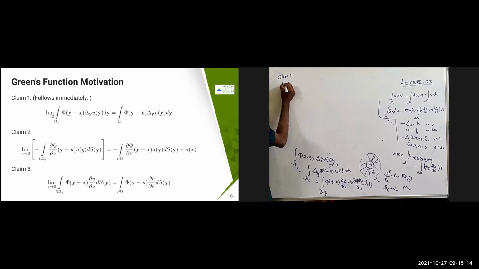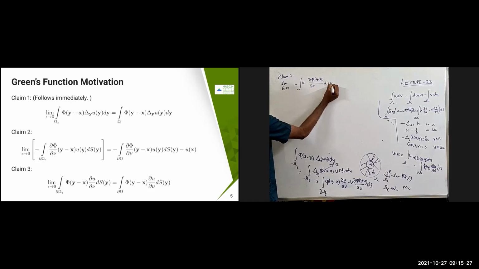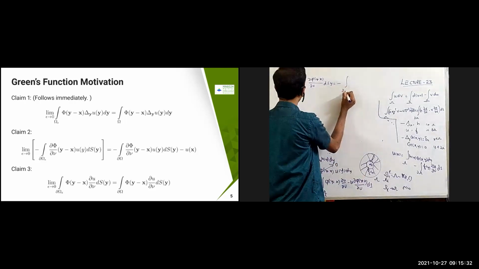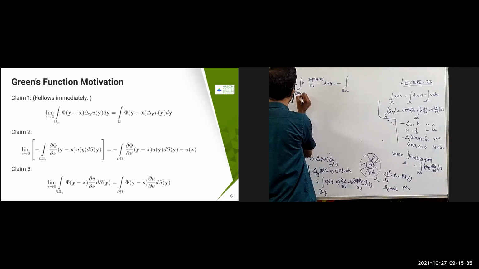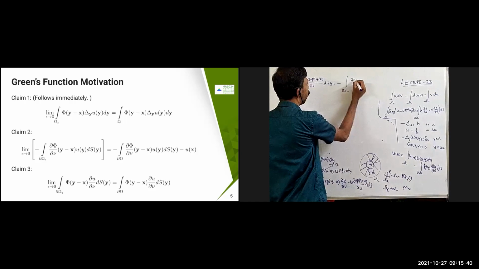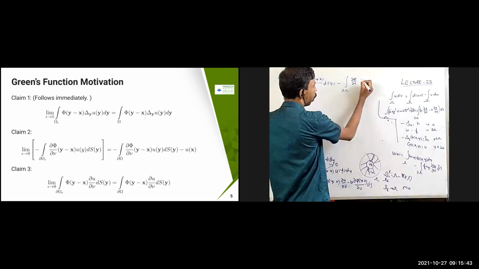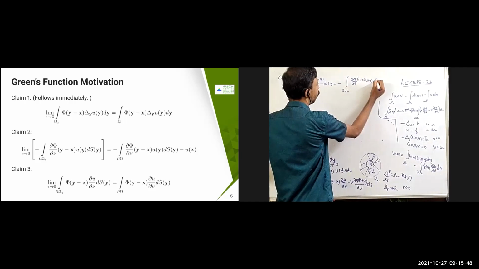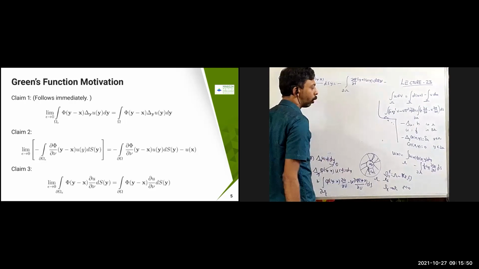So limit epsilon tends to 0 of minus integral over dou omega epsilon of u into dou pi of y minus x by dou nu dsy equals minus integral over dou omega of dou pi by dou nu of y minus x into u of y dsy, minus we are going to have u of x.